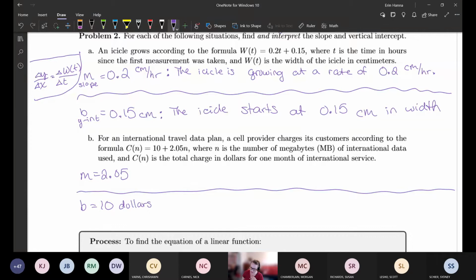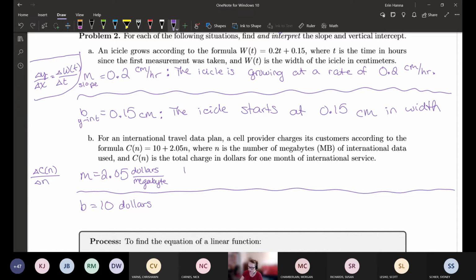And then the slope is going to be a change in C of n over a change in n. The units of C of n are dollars, the units of n are megabytes, so that's going to be dollars per megabyte. I'll write it out. If we want to interpret those, I'll start with the slope this time. The slope is a rate at which the cost is changing. So it's going to change the cost at a rate of $2.05 per megabyte, and we're increasing because that slope is positive.